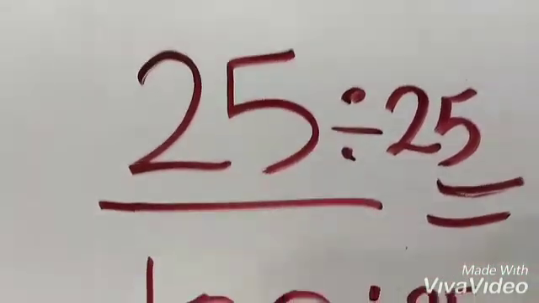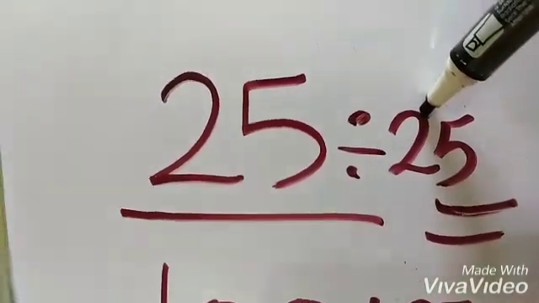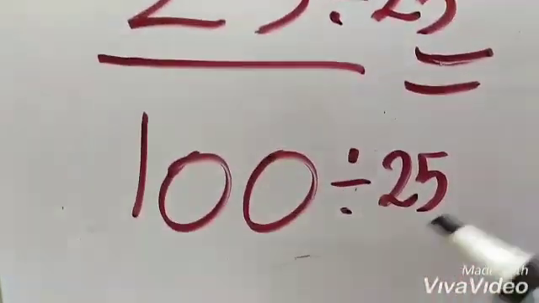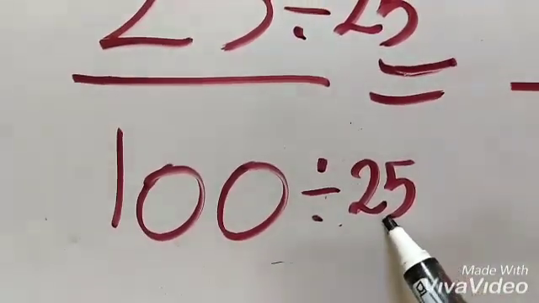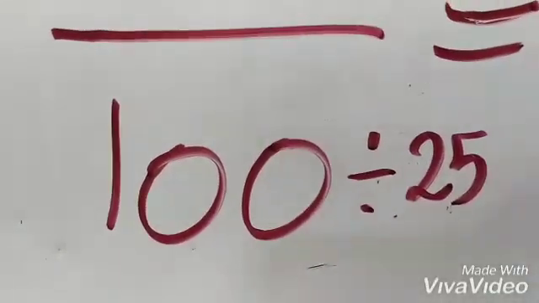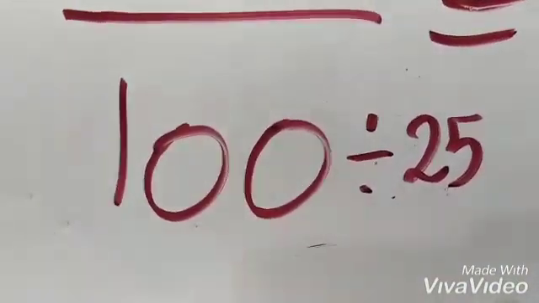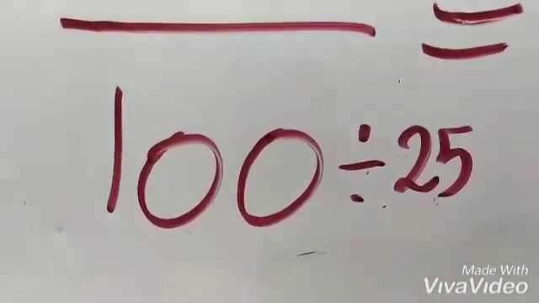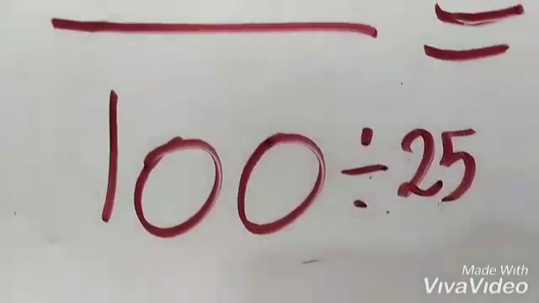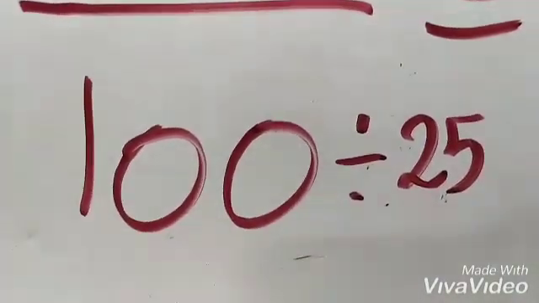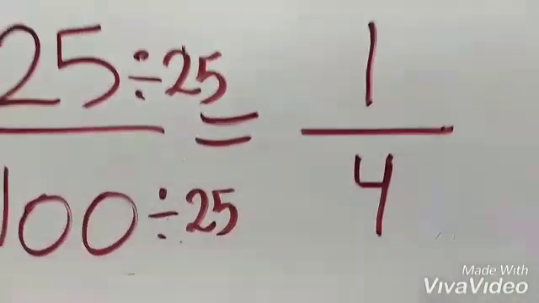And because I divided the numerator by 25, I also have to divide the denominator. So 100 divided by 25, which means that you have to share 100 equally in 25 groups. Then, how many will be in each group? The answer is 4.